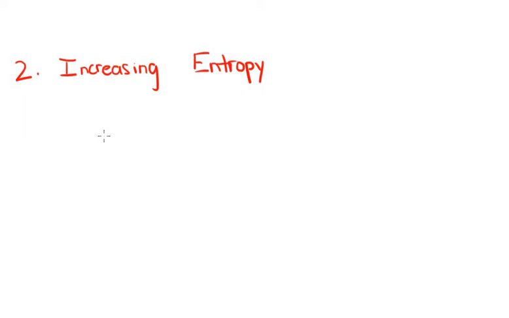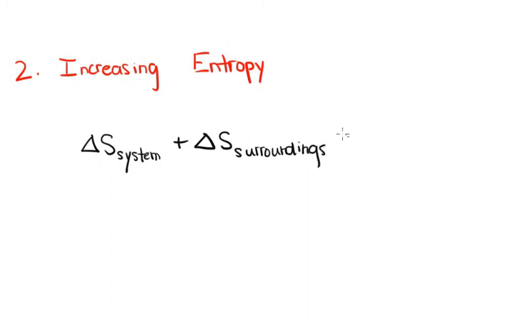In a quantifiable sort of way, this law basically says that the change in entropy of your system plus the change in entropy of your surroundings is always positive. So what this says is, in an isolated system of any kind, your entropy is always increasing.